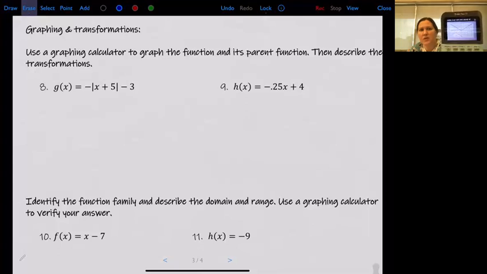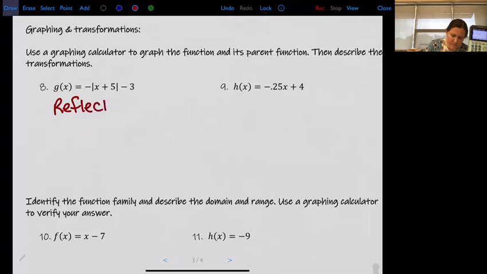Parent function is the one that goes through 0, 0 with the slope of 1. And you see what happened to the other one. So a couple of things happened in these transformations. To me, it looks like it got reflected. So I'm going to say it has a reflection in the x-axis.